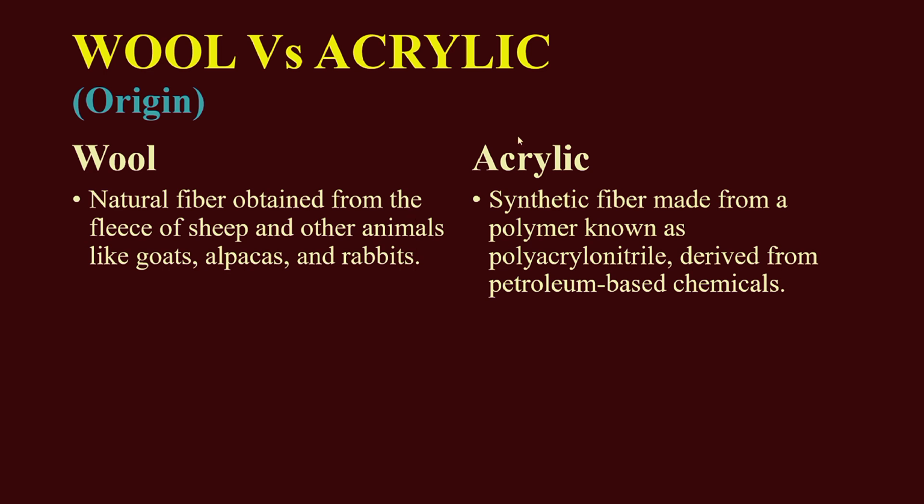While acrylic is a synthetic fiber made from a polymer known as polyacrylonitrile derived from petroleum-based chemicals. As we have discussed, it is a petrochemical-based fiber and wool is a natural or animal-based fiber. This is the difference with respect to the origin.